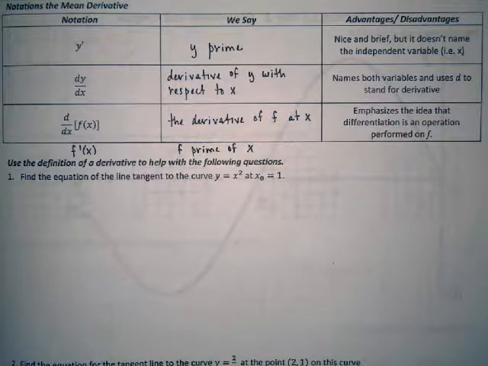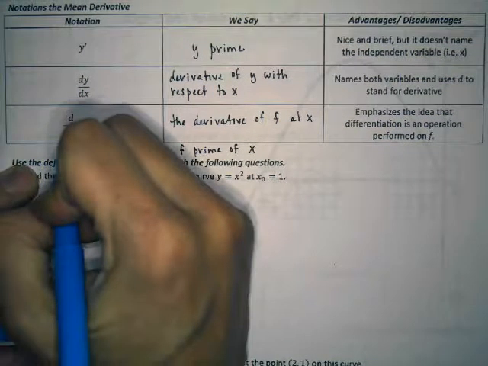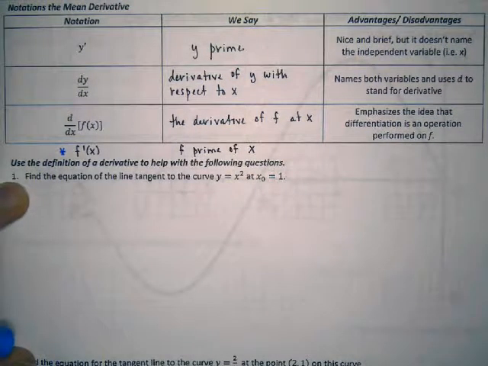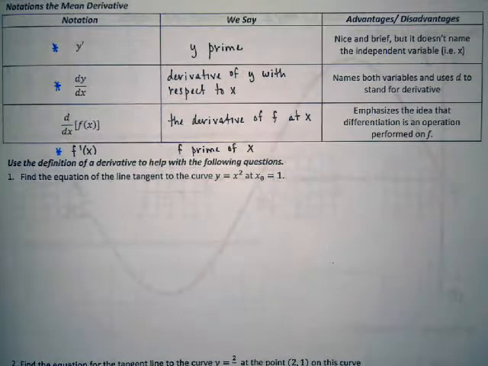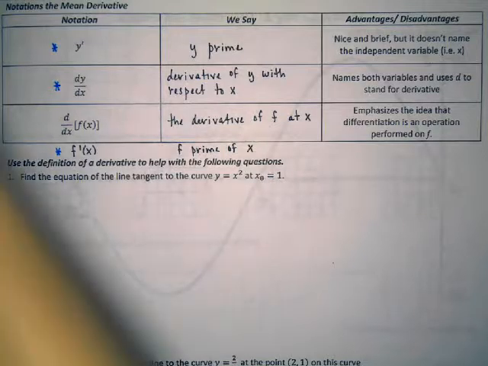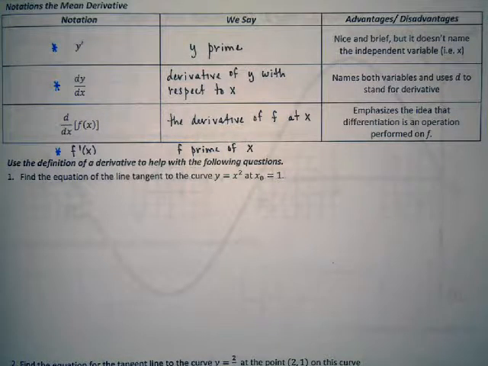So f prime of x is another way to say that we're taking that derivative. And really, of these 4, you'll see these 3 the most frequently. As we go through examples, you'll see a lot of times I'll switch up the notation just so we're seeing all the different representations.